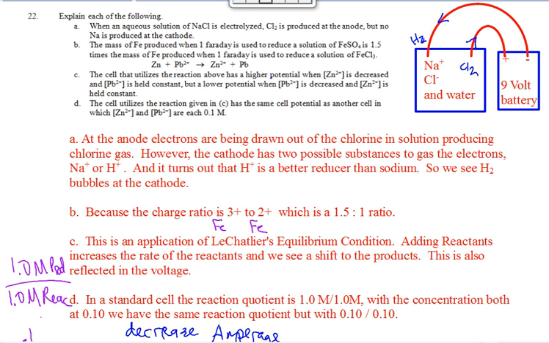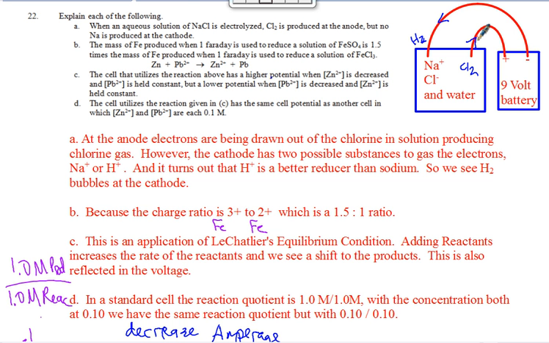What a lot of people automatically think is that as the electrons are leaving the 9-volt and going in, the sodium should be gobbling up those electrons. But we don't see any evidence of that because we don't see any sodium. We do see chlorine gas being produced, so the electrons that are being removed must be coming out of the chlorine.